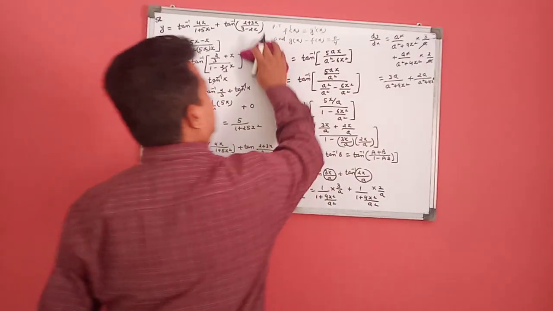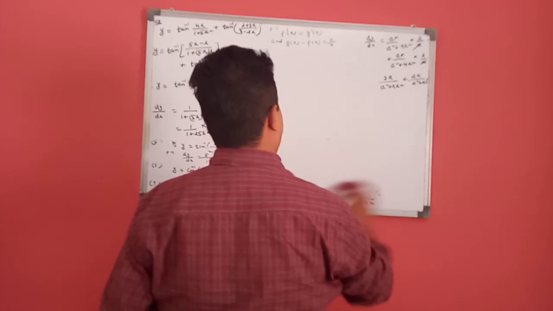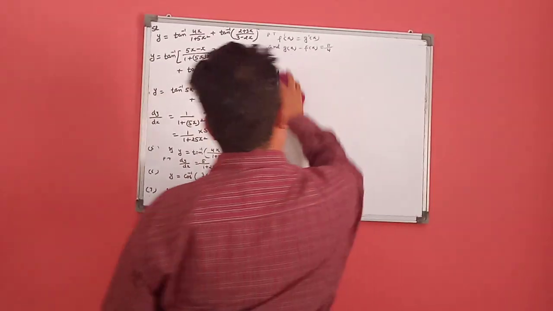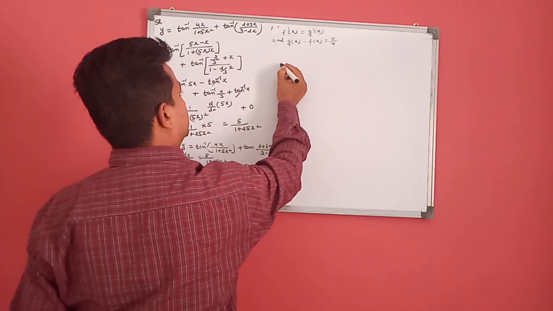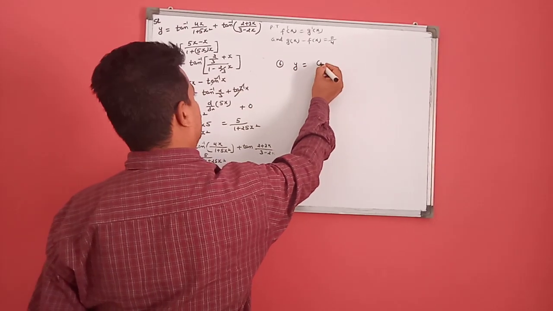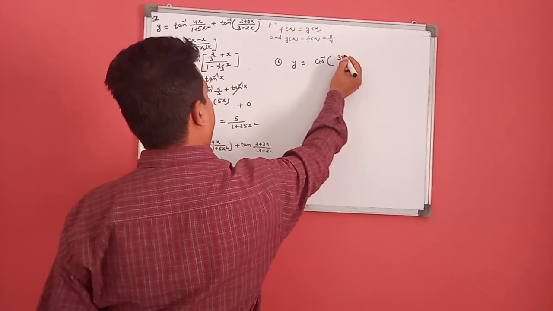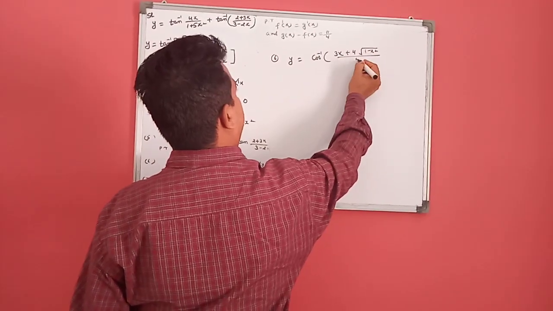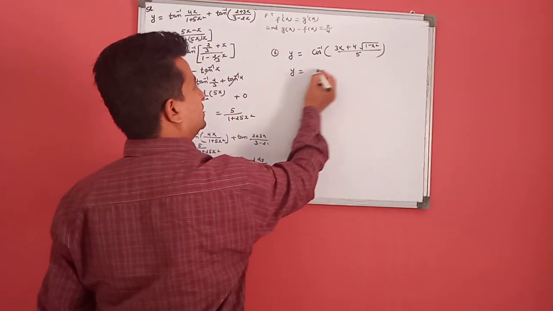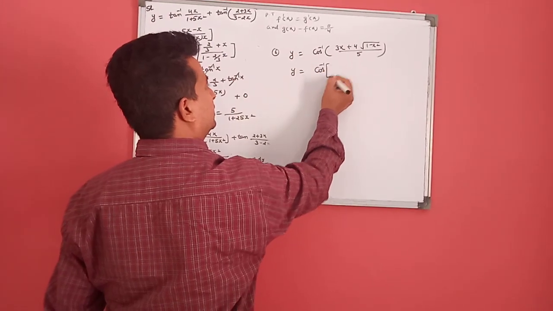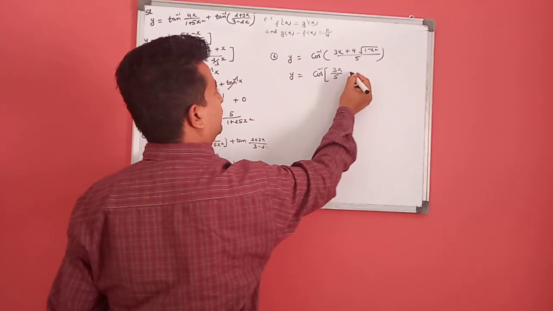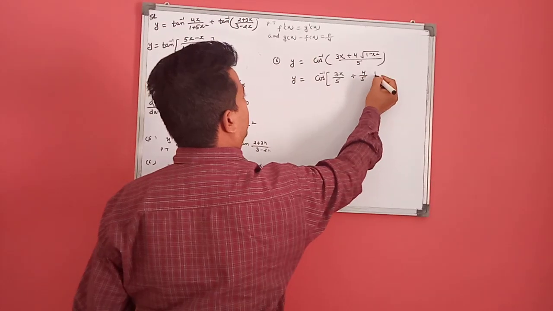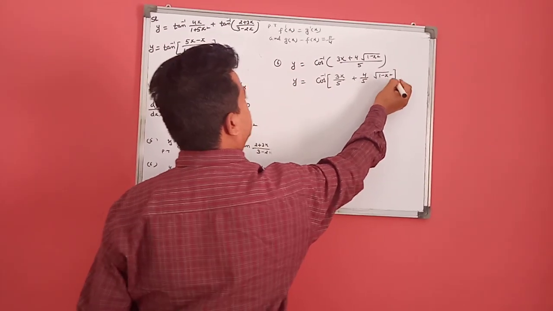In question number 6, the statement is y equals cos⁻¹((3x + 4√(1 − x²))/5). First we separate these two terms, that is 3x upon 5 and 4 upon 5 root 1 minus x².